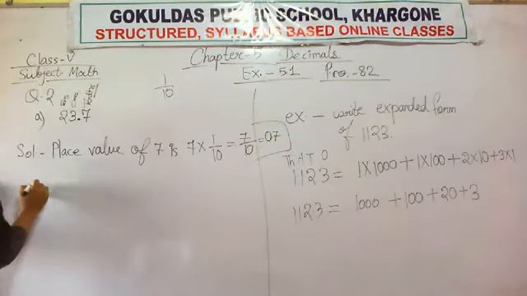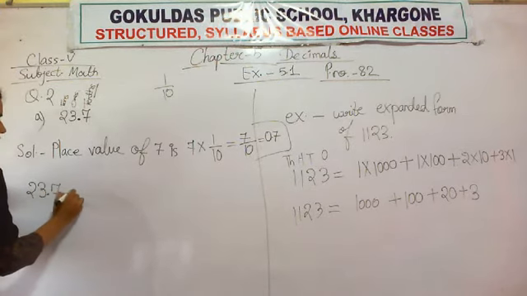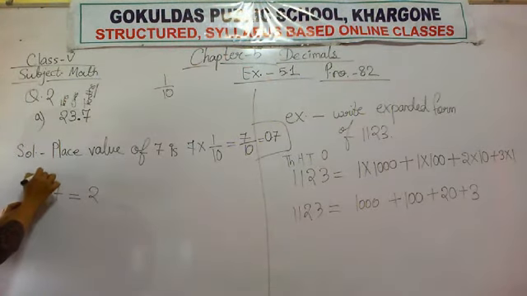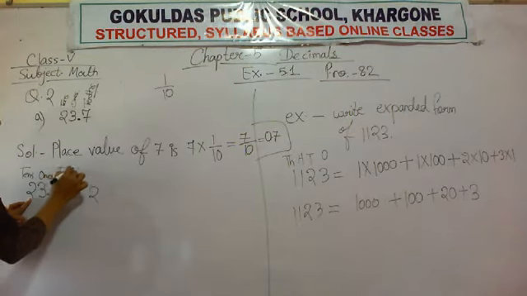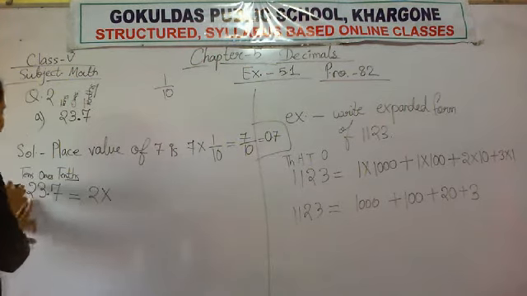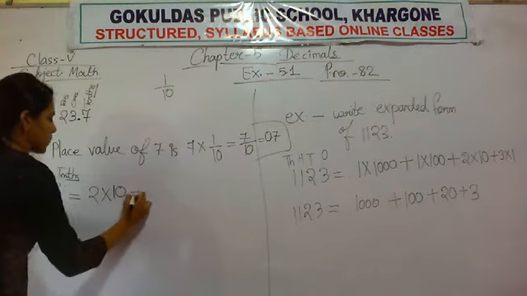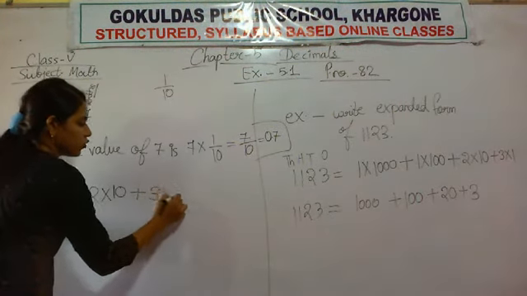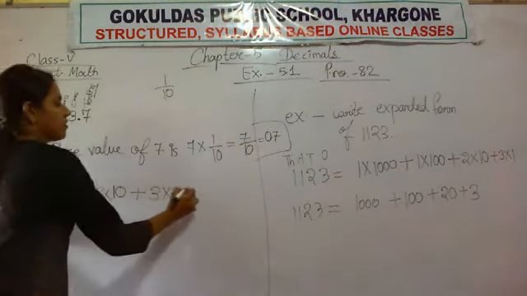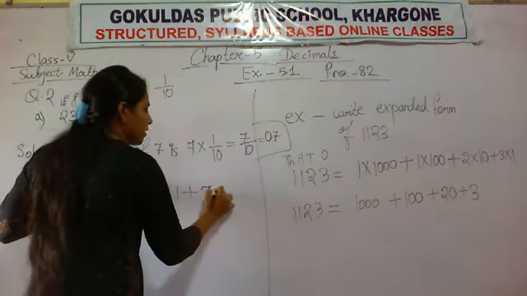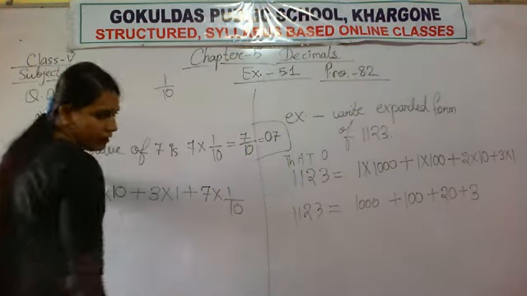So when we expand 23.7, 2 is at which place? 3 is at ones place, right? 2 is at tens place, and 7 is at tenths place. So 2 will multiply with 10, plus 3 is at ones place, so 3 will multiply with 1, then plus 7 is at tenths place, so 7 will be multiplied with 1 upon 10.